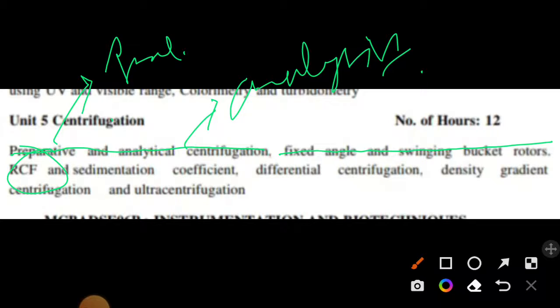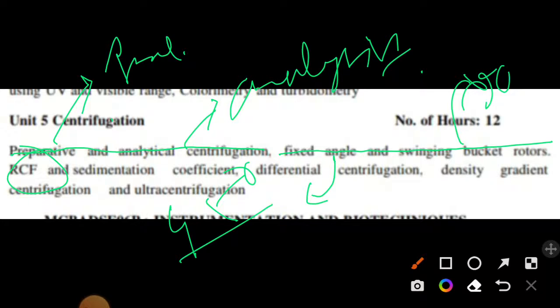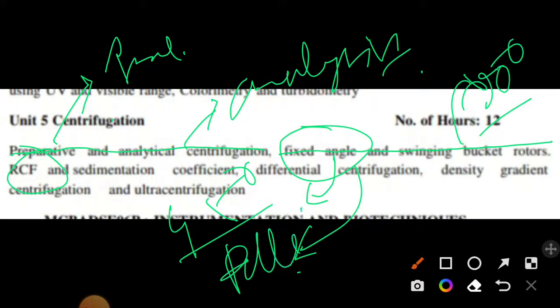In fixed angle rotor, we are holding our tube at 45-degree angle to the axis, and in swinging bucket rotor, we are holding our tube at most at 90-degree angle. Okay, so in case of fixed angle rotor, total pellet formation of the sample is not possible.